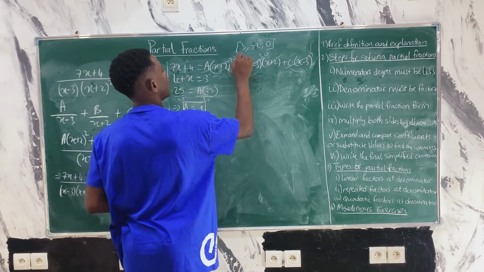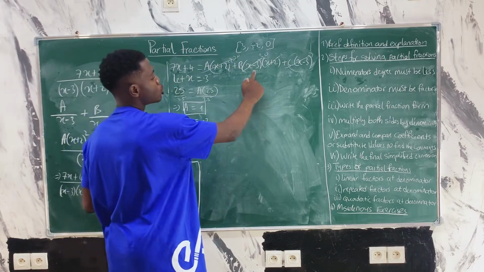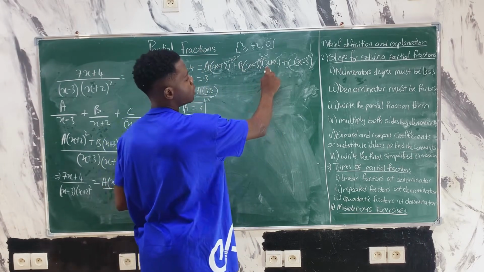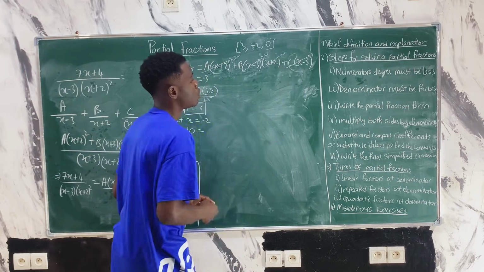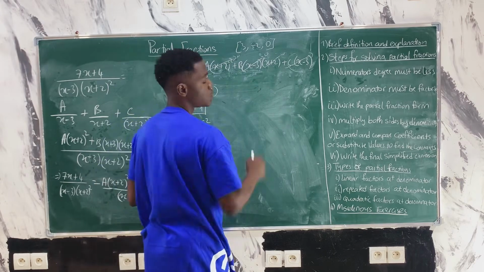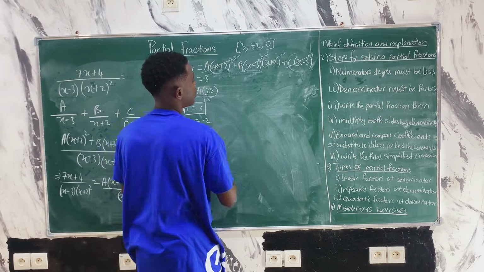So all of this will turn to 0 here. If I put minus 2 here, minus 2 plus 2 will make it 0. So all of this will turn to 0, which means 0 times anything behind still gives 0. So I'll have 0 from here, 0 from here.